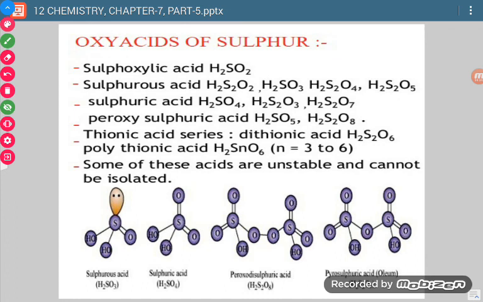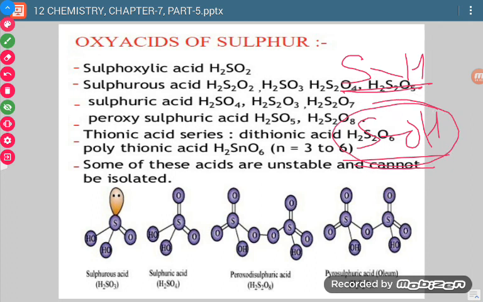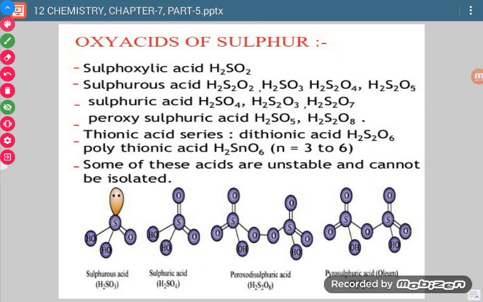Similarly, just like there, here also there will be bonds like the SOH or SH bond. Now similar to PH or POH, this bond is ionizable and this bond is not ionizable. So as many SOH bonds as there are, they will decide the basicity of the oxyacid.